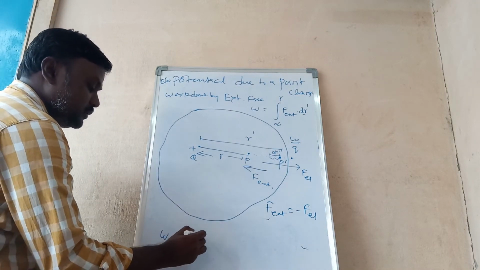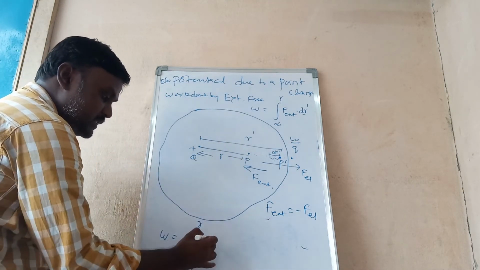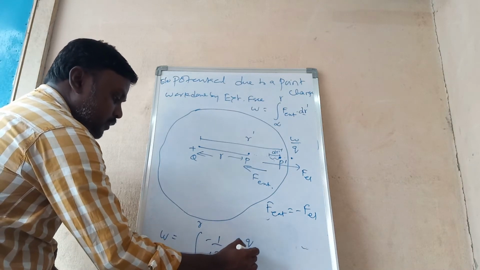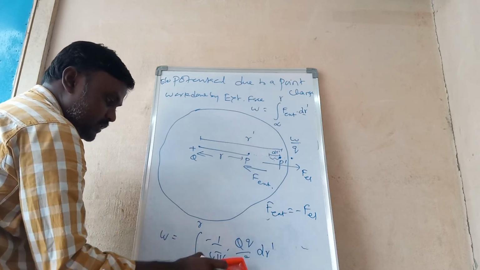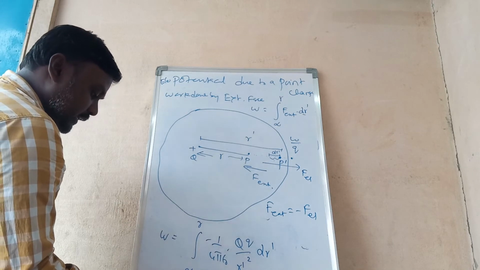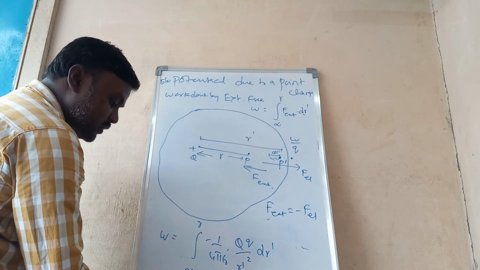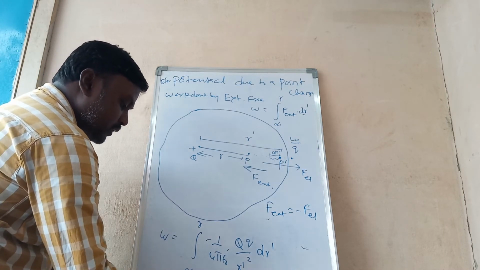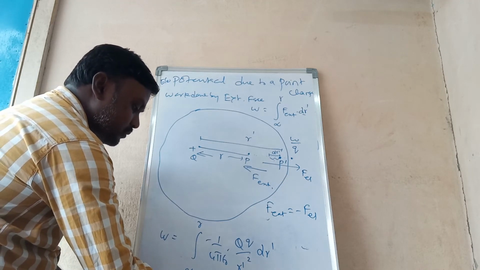Now I am continuing the derivation. W is equal to the integral from infinity to r of F external, which is minus 1 by 4 pi epsilon naught q by r prime square, into dr prime. Bringing the constants outside, W is equal to the integral from infinity to r of 1 by r prime square dr prime.